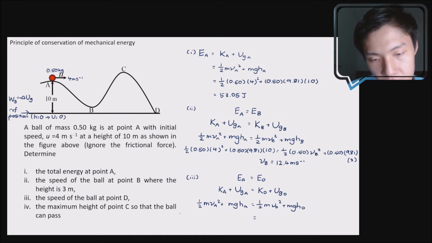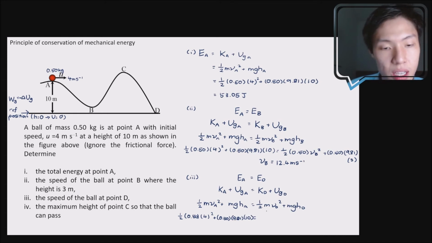Next is just substitution once again. Half, 0.5, 4 for the speed at point A, 0.5, 9.81 for acceleration due to gravity. Then your height is 10 meters above the ground. You set the ground as the reference position.